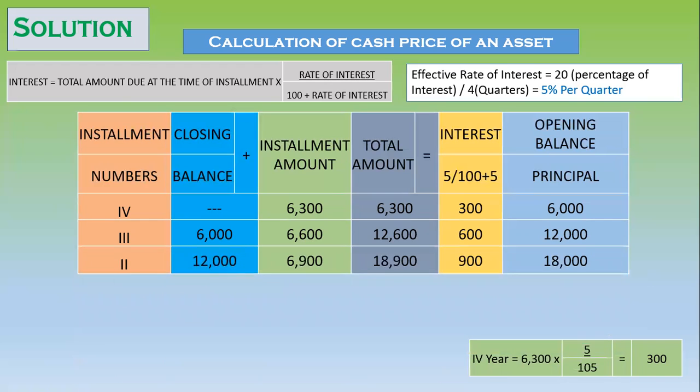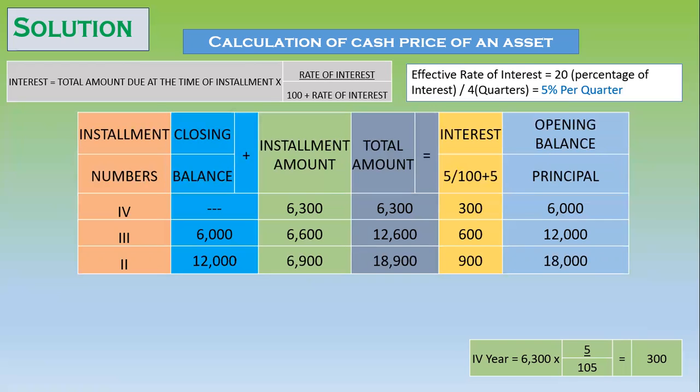Now the closing balance is 12,000 and the installment amount paid for the second quarter is 6,900. So the total amount will be 12,000 plus 6,900, which is 18,900. The interest amount is 18,900 multiplied by 5 divided by 105, and you will get 900.